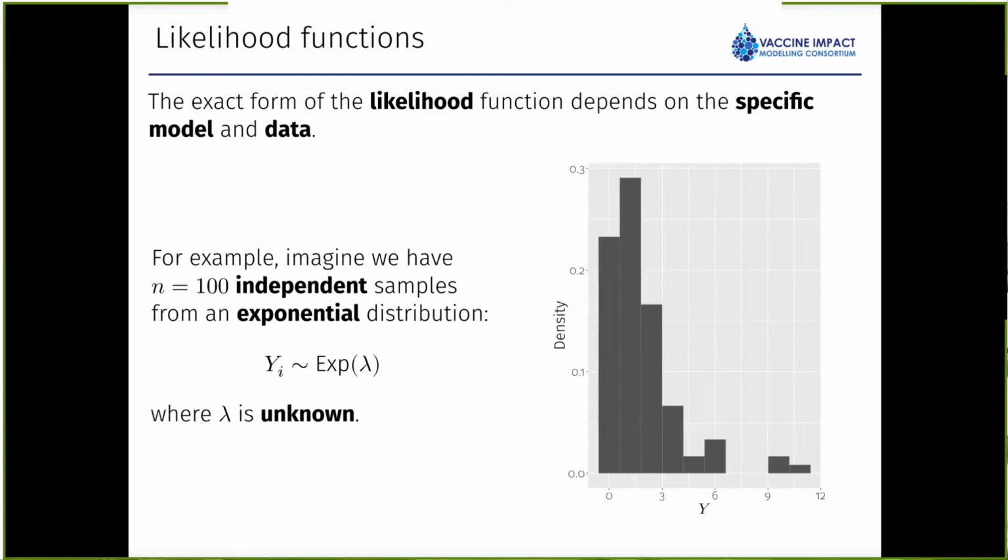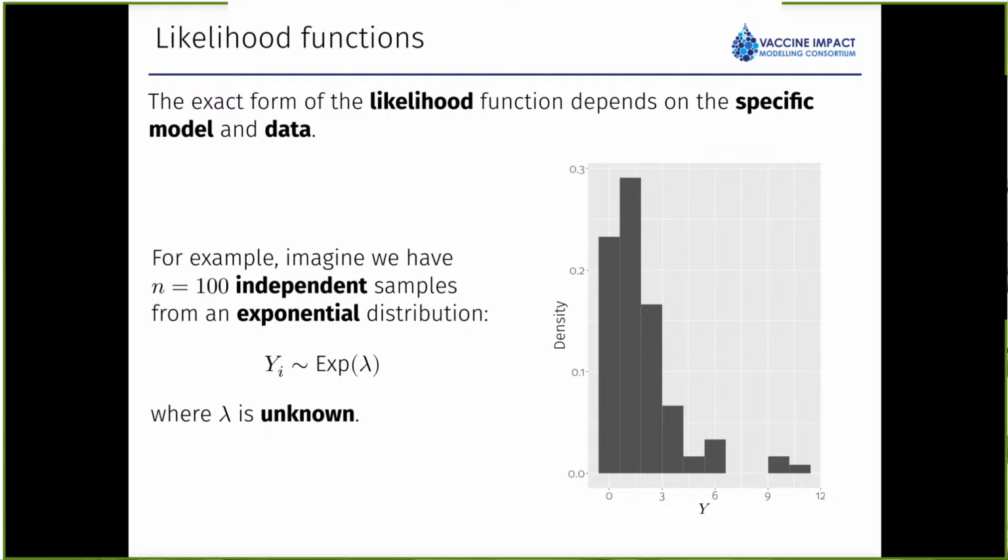Now, this is a very simple example, just to give you an idea of likelihoods. I want you to imagine that we're not doing infectious diseases anymore. What we have instead are 100 samples from some kind of distribution. These could be, for example, 100 time measurements of something. I'm going to assume that this is a random sample, so each of these samples is independent of every other sample.